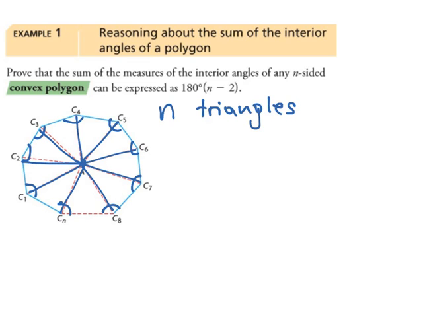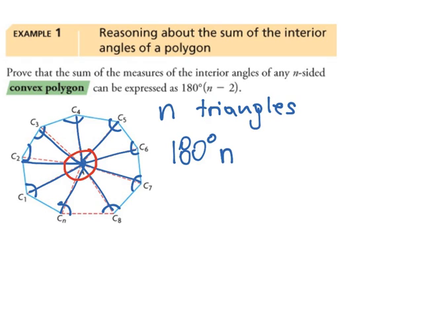So far so good. Remember, we're still trying to find out these angles. Now each triangle has 180 degrees. So if you wanted to measure all the possible angles, not just the blue but also the red, we would have to multiply 180 by the number of triangles we have, and that means it's 180n.